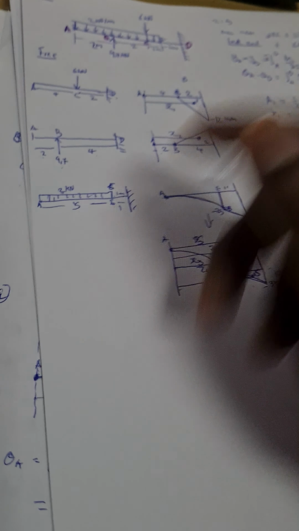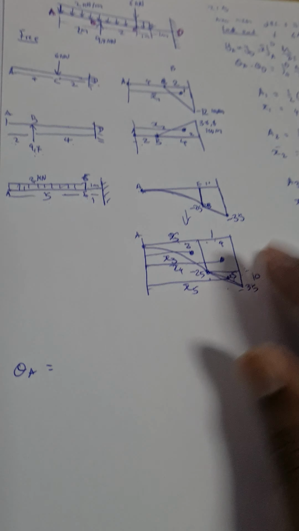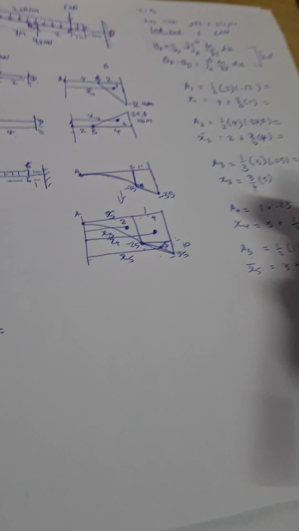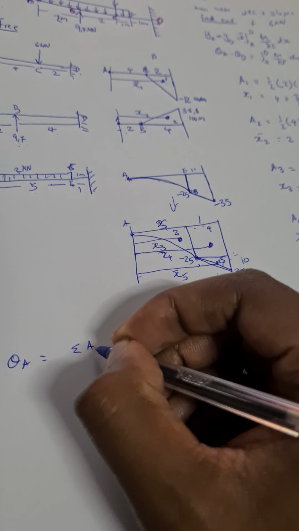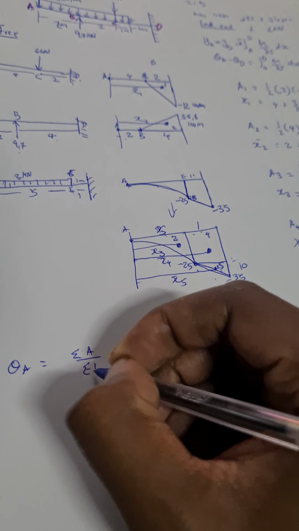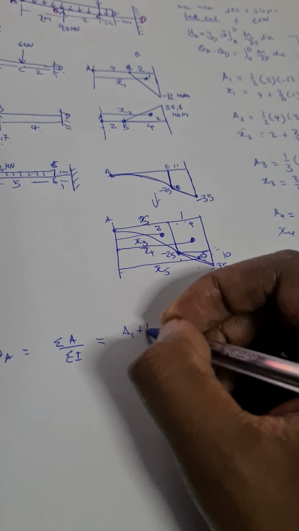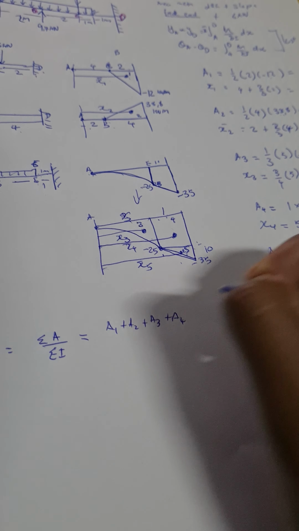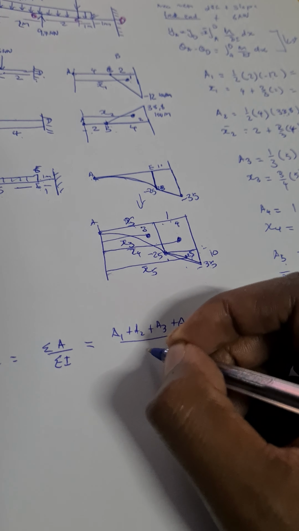It's just simple. So the slope at A is just equal to, again, we use the same formula, but now how many areas? We have many areas, so we modify the formula. It's just equal to the sum of A over EI. So it's going to be A1 plus A2 plus A3 plus A4 plus A5, then over EI.